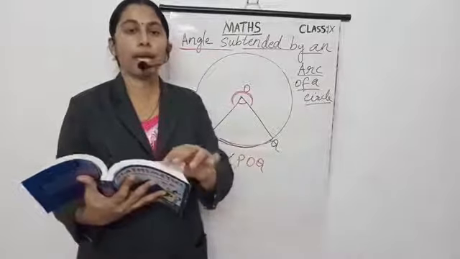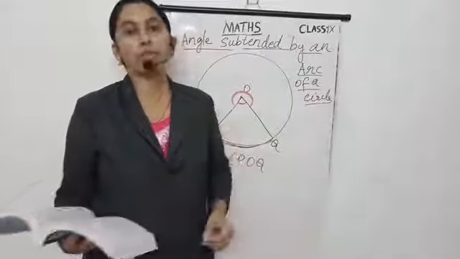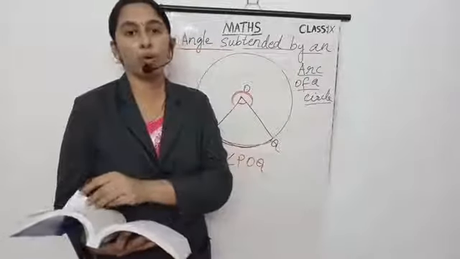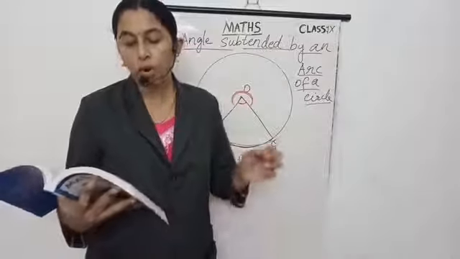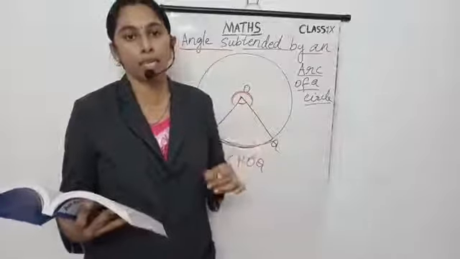We already learned congruent arcs and equal arcs. If two chords of a circle are equal, then their corresponding arcs are congruent. Then we can say that congruent arcs of a circle subtend equal angles at the center.